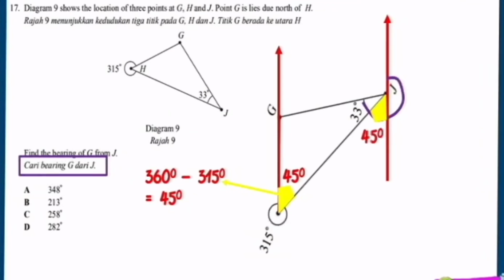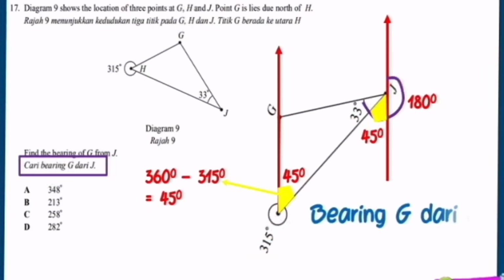So now you can solve the bearing. You have to read the angle from point J from north: 180 plus 45 plus the angle 33 degrees, right? So your answer should be 180 plus 45 plus 33. So what is your answer?